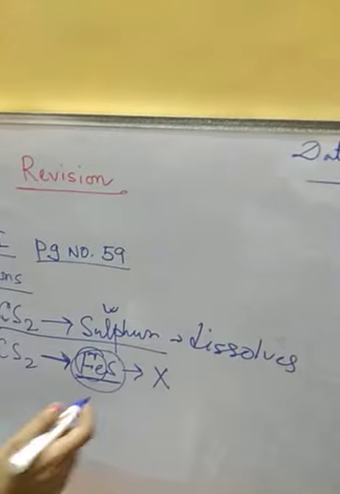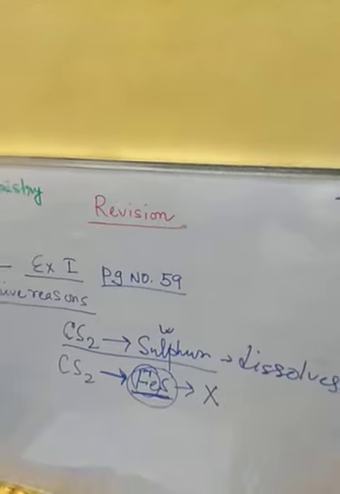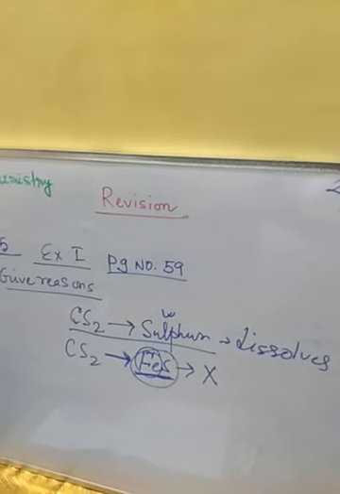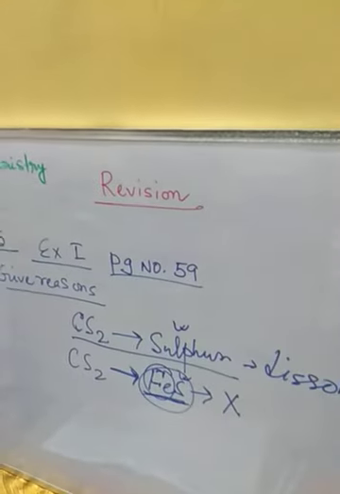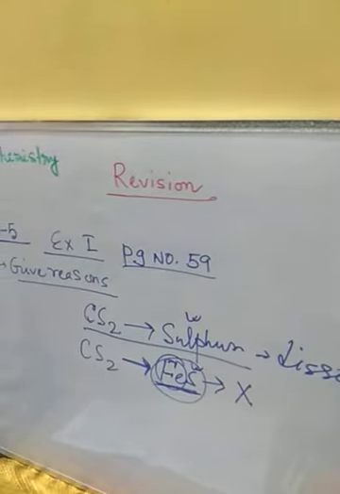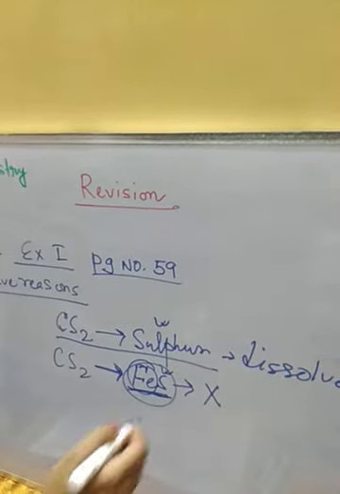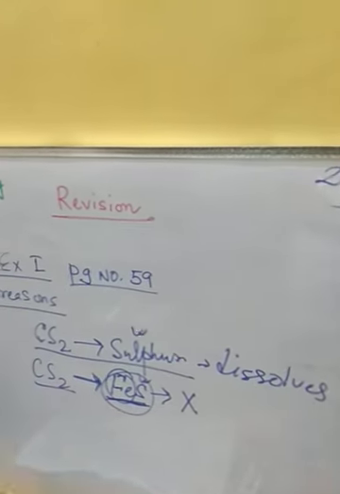In the same manner, when iron and sulfur form the compound ferrous sulfide, they lose their individual properties in the compound. So sulfur also loses its individual property, and now it cannot get dissolved in carbon disulfide when it forms a compound.